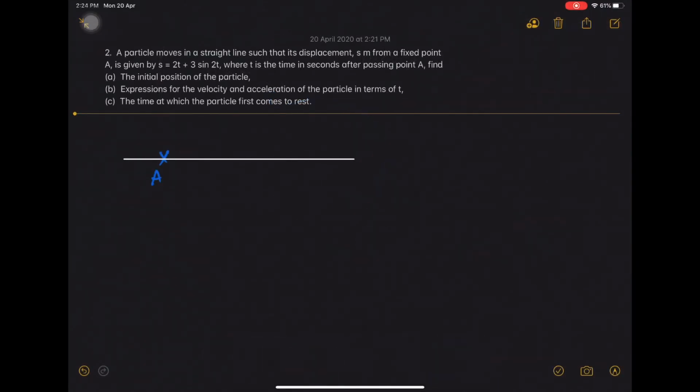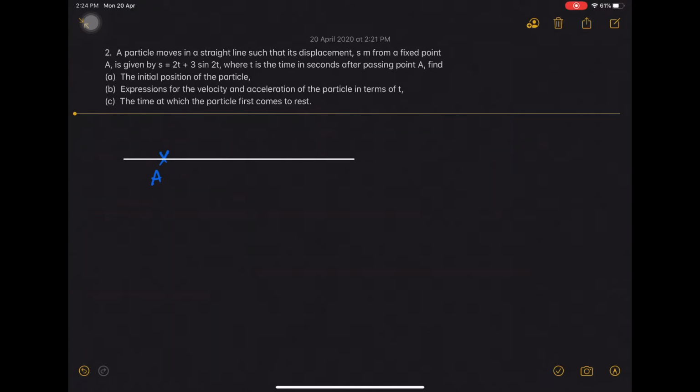For our second question, we have a particle moving in a straight line such that its displacement s meters from a fixed point A is given by the displacement equation, where time is in seconds after passing through A. We're going to find the initial position of the particle.